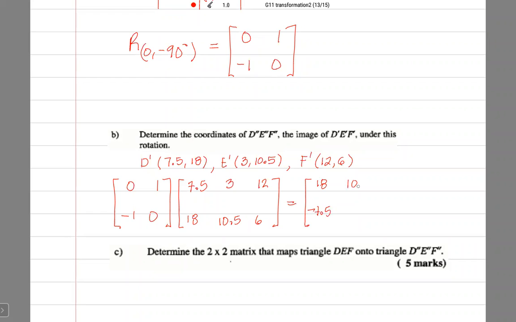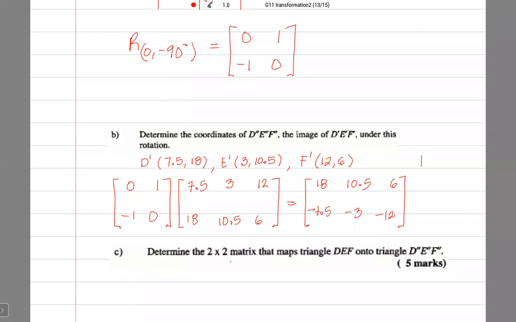This is going to become (10.5, -3). And this is going to become (6, -12). What happened? I interchanged the coordinates and the sign of the new y coordinate changes. This is what occurs when you rotate a point 90 degrees in a clockwise direction.